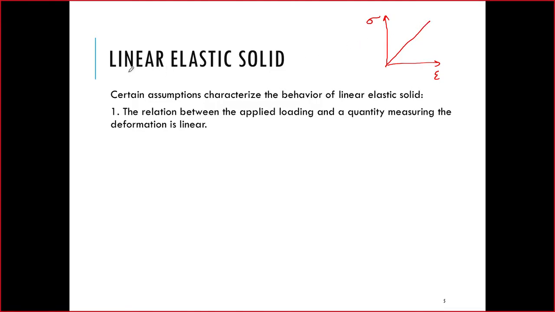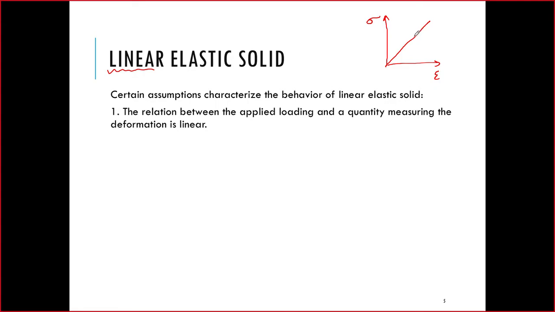That is why this material was being referred to as a linear material. That is, whatever loading that we are measuring with respect to the deformation in it, we see a linear response of the material.